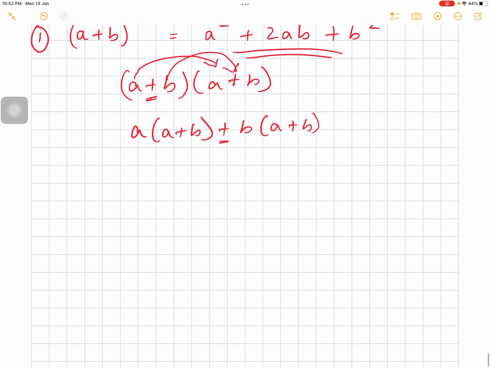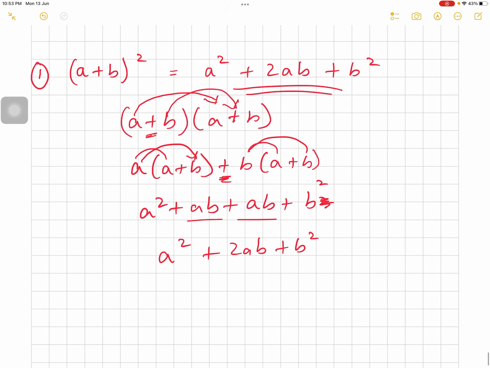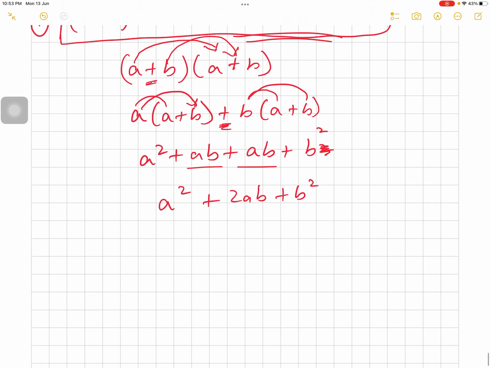Now, a into a is a square, plus a into b is ab, and this plus sign as it is. B into a is ab, plus b into b is b square. Now, 1ab plus 1ab is 2ab. So, a square plus 2ab plus b square. This is how we got this formula. I'm so sure you all have studied this in your school.